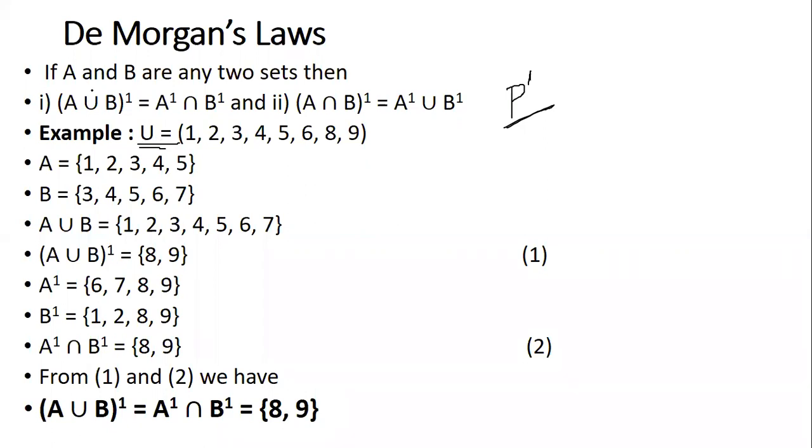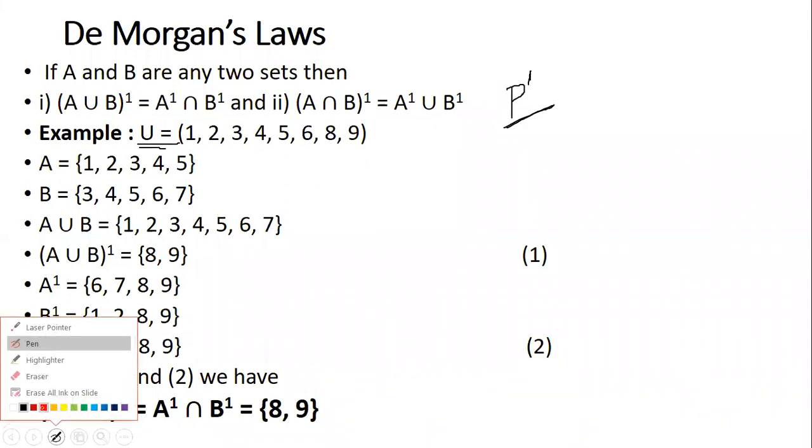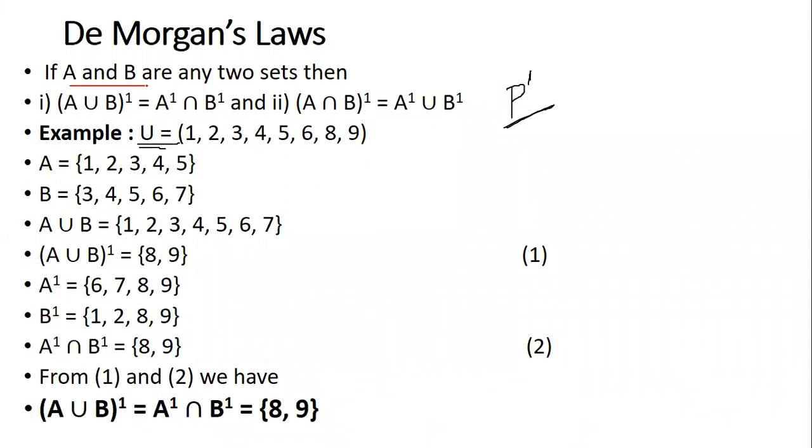So if A and B are any two sets, then A union B complement. Now what is complement?